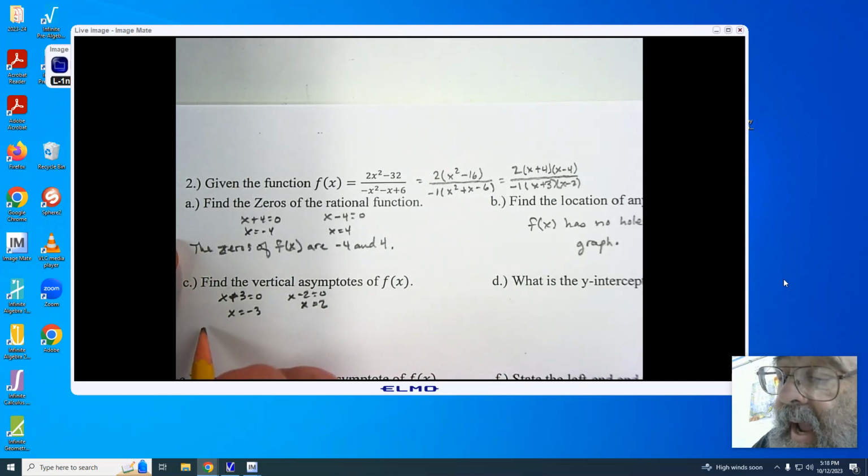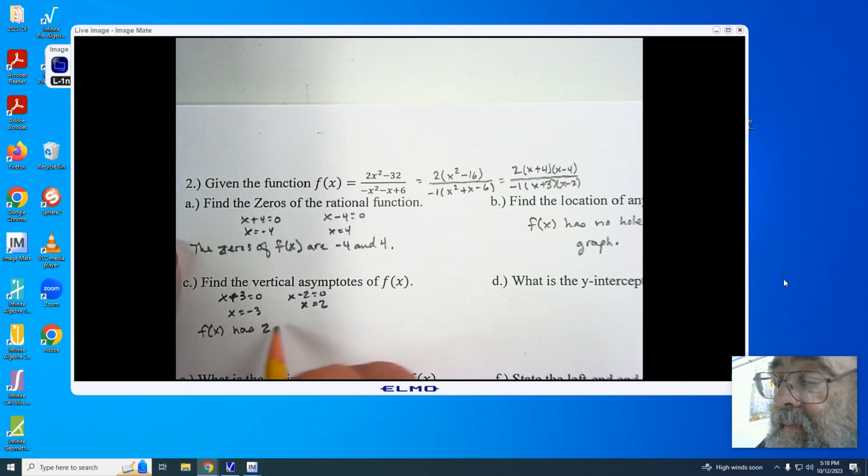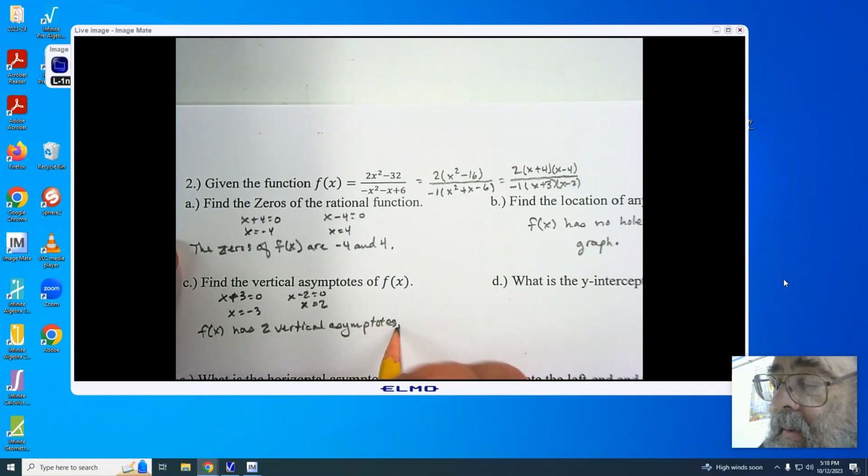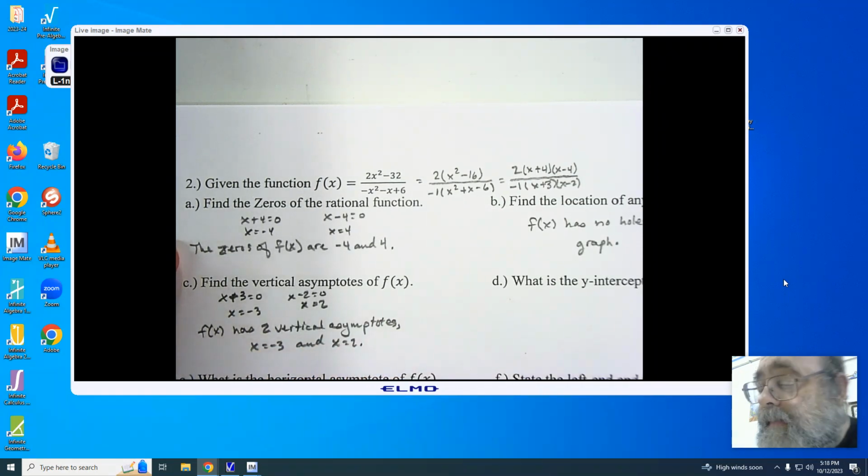And we'll now say f of x has 2 vertical asymptotes, x equals negative 3, and x equals positive 2.